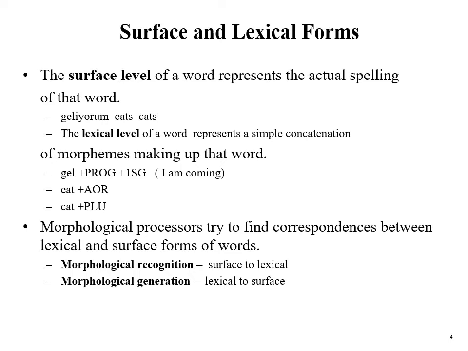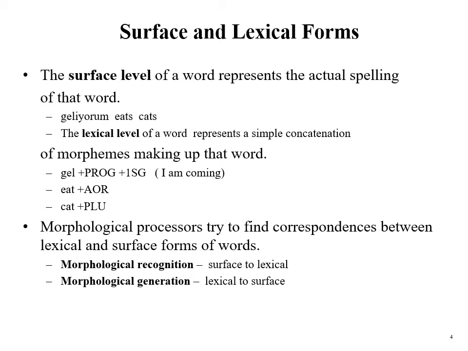The meaning of Geliyorum in Turkish is "I am coming" in English. So it contains the word gel. The meaning of gel is come, and this is using ing. Then you can add here prog, which means progressive, and this is the first person singular.